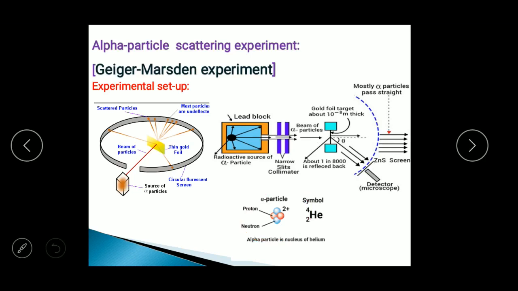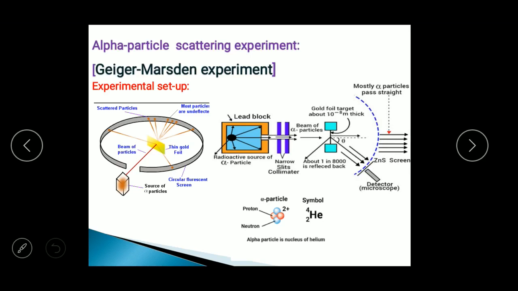We all know that the atomic number of helium is 2 and its mass number is 4. So when two electrons are removed from the helium atom, we have only a helium nucleus with two protons and two neutrons. The protons have positive charge and the neutrons are electrically neutral, so the charge of the alpha particle is plus 2e.